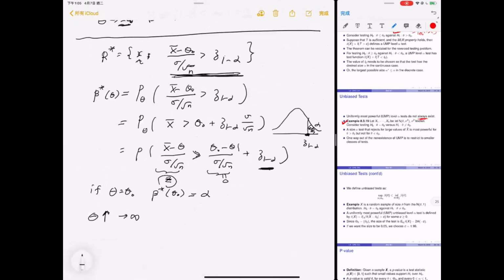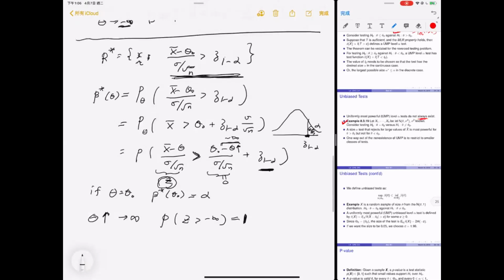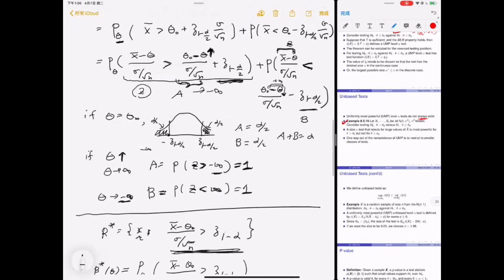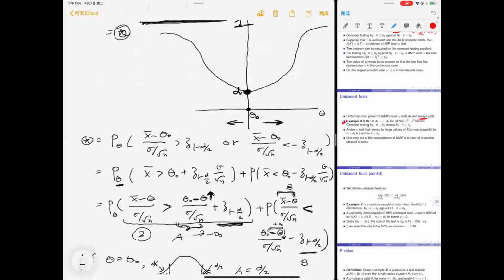If theta gets bigger and bigger, the whole thing becomes minus infinity. Again, z bigger than minus infinity. Maybe I write it, maybe that's easier for everyone to see. Bigger than minus infinity, again, it's going to be 1. That means if theta is getting bigger, my test power is going to be 1 as well.